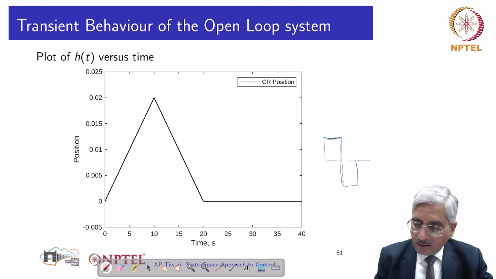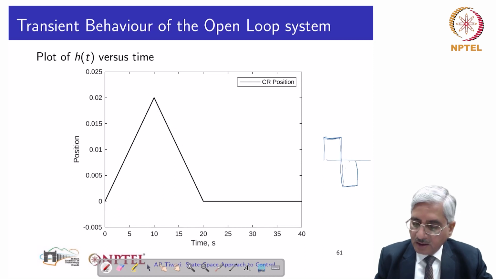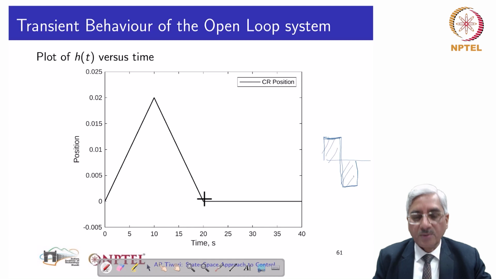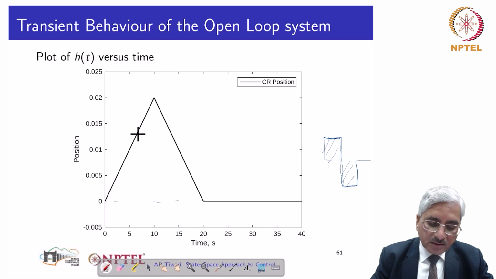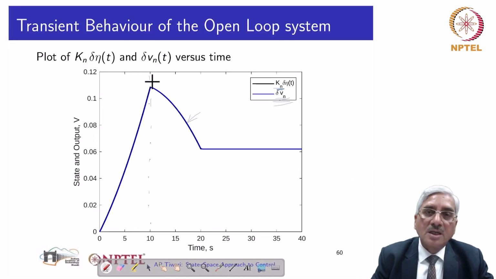Now here it reverses the direction, so it is traveling in, and because this area is equal to this area, the control rod traveled out and then it traveled inside by the same amount, and so at the end its position is the equilibrium position. As it is traveling out, it is introducing reactivity, and so the neutron density rises.